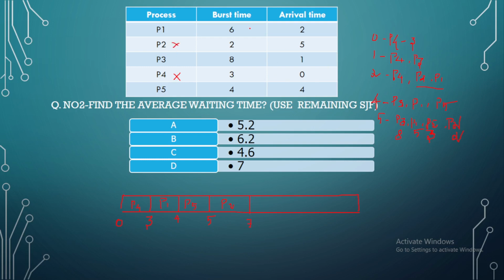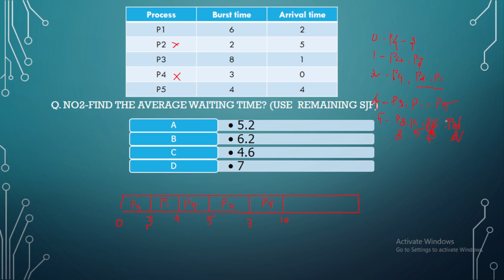Now we have P1, P3 and P5. Among these, the smallest process is P5, and it will be given the CPU and run for 3 nanoseconds, so 10. Now P5 is also completed.